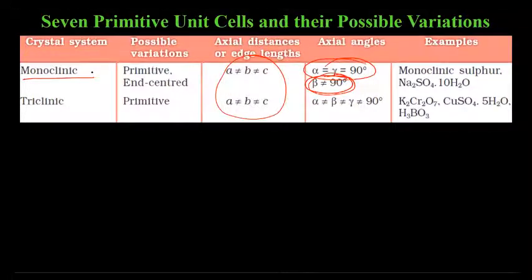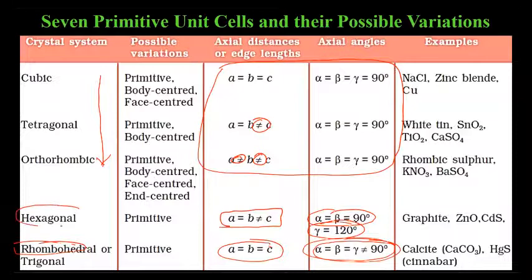And that's why you will see the question is based on hexagonal and monoclinic. Mostly you will see, remember the question, monoclinic and hexagonal, because these are difficult to memorize. So the question might be: differentiate between hexagonal and monoclinic.